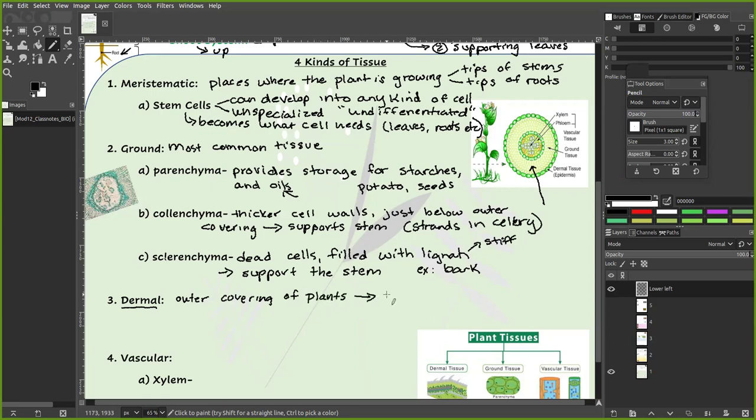And it's usually called the epidermis, which often applies to any outer covering in any organism. Not 100% of the time, but a lot of the time. It acts as a shield. Its function is to shield the inside of the plant.